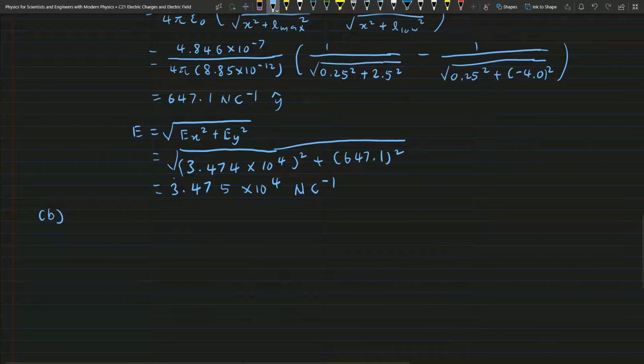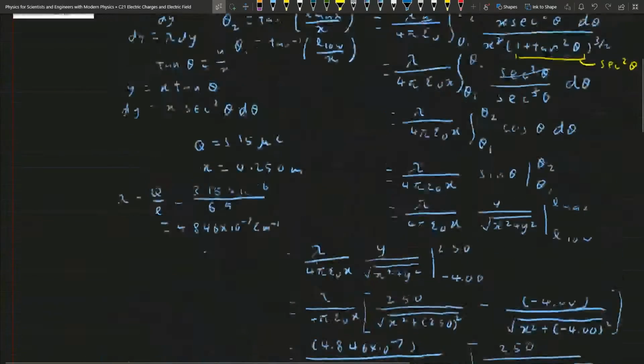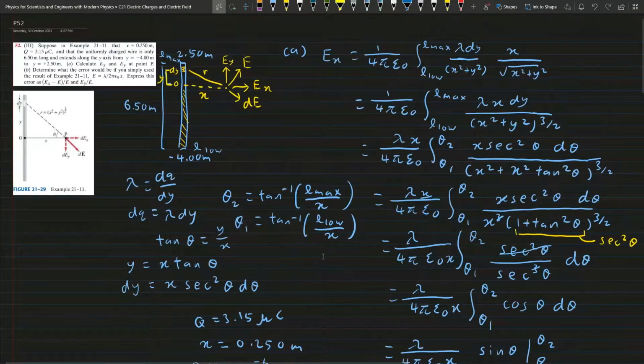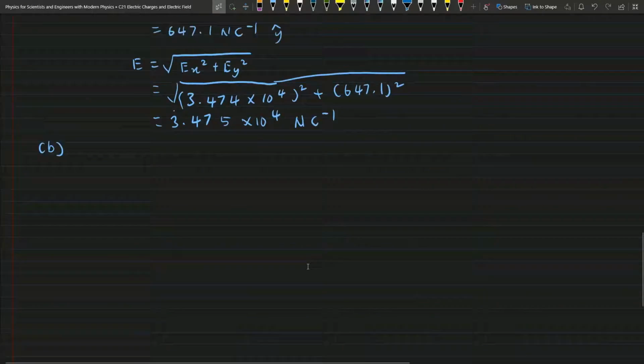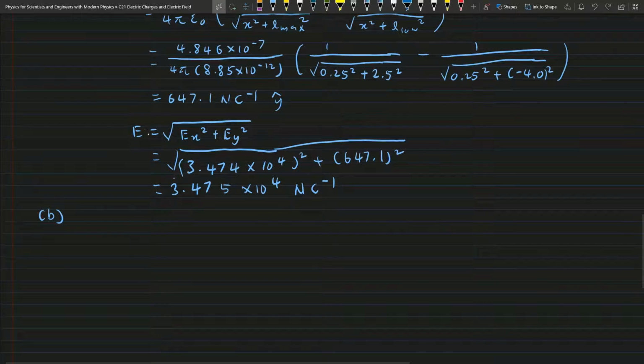This is B, and we have E equals lambda over 2 pi epsilon naught x. Let's say this is E_t, not to confuse with the B. Lambda over 2 pi epsilon x.